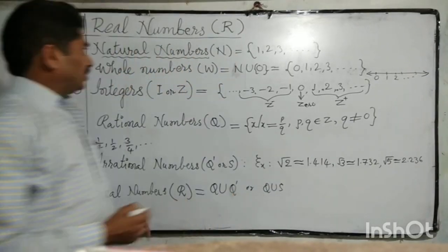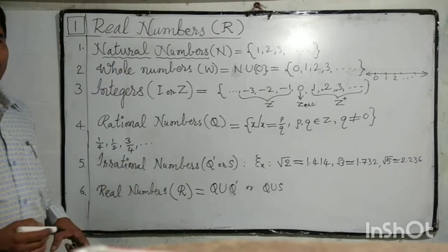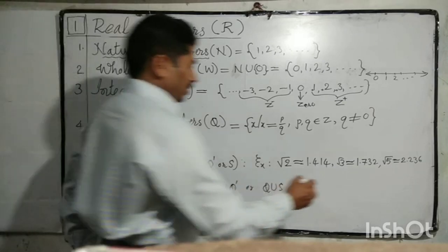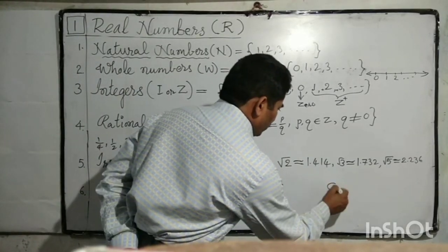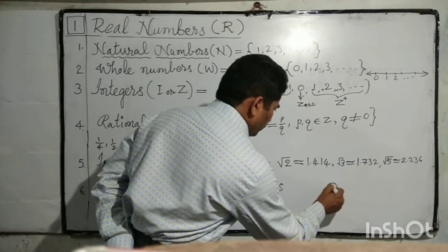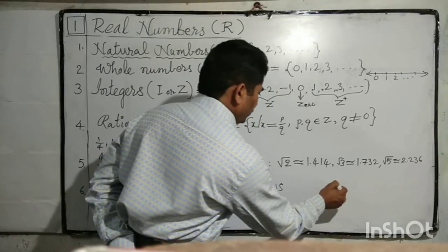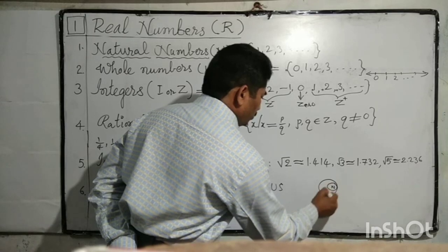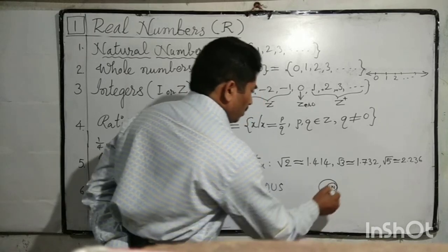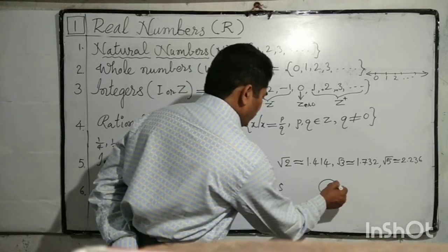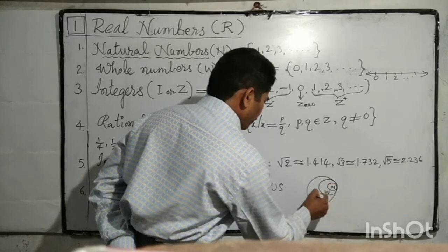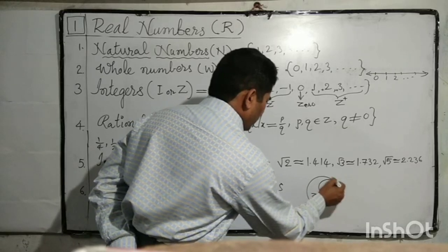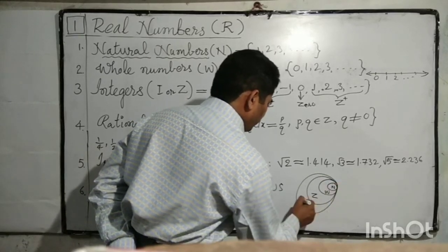We can show all these numbers in a Venn diagram. These are natural numbers. Natural numbers are in whole numbers. All natural numbers are whole numbers. All whole numbers are integers. All integers are rational numbers.